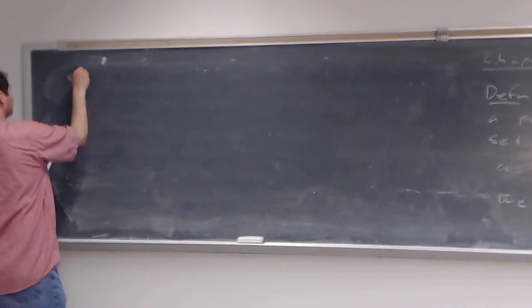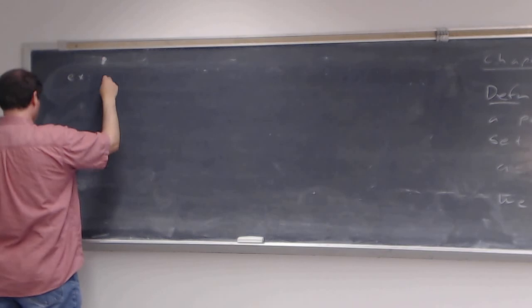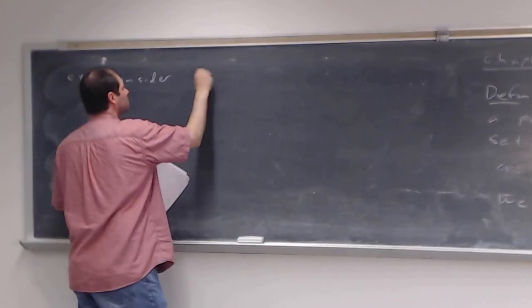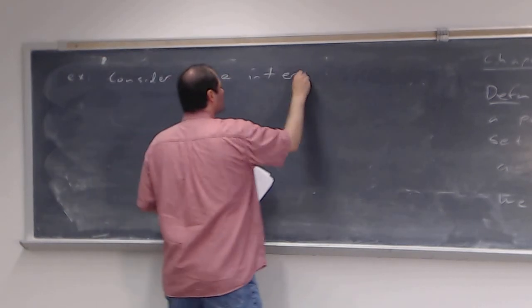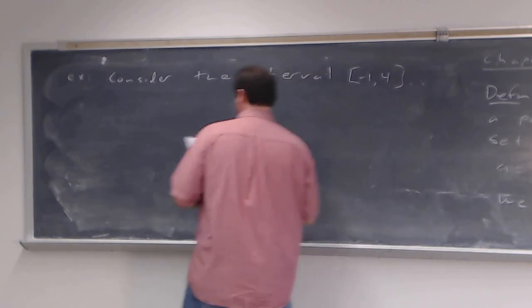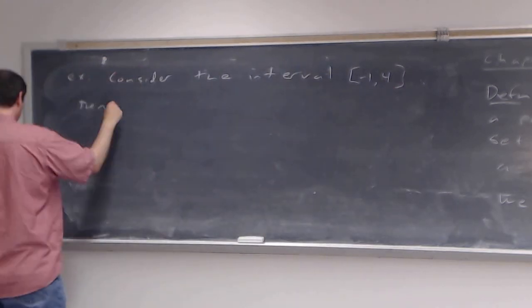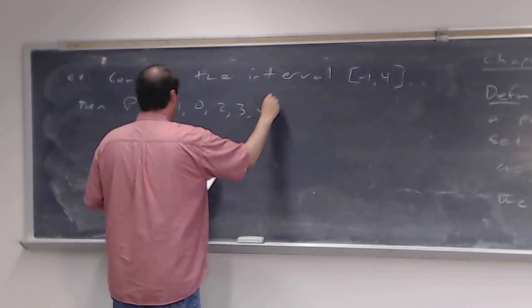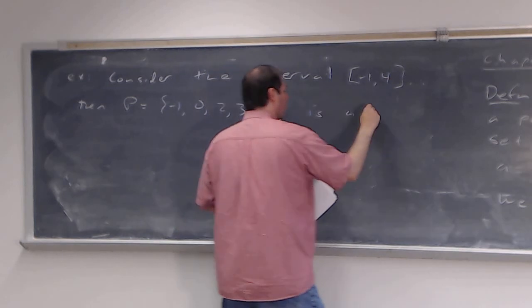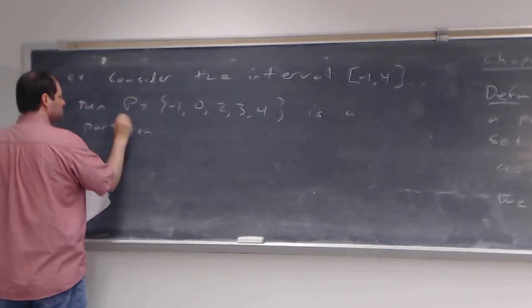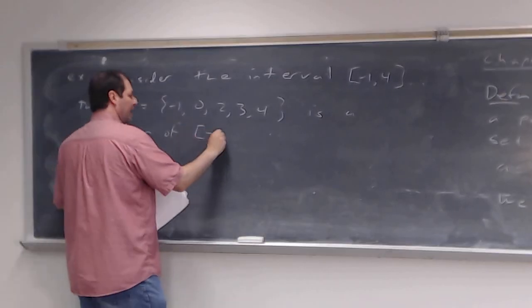As an example, if we consider the interval [-1, 4], then script P equal to {-1, 0, 2, 3, 4} is a partition of [-1, 4].